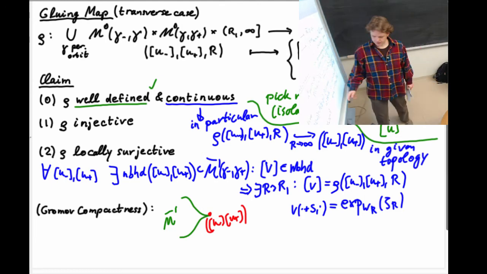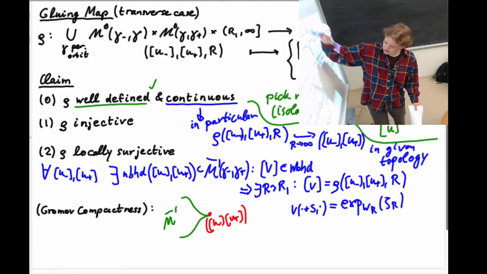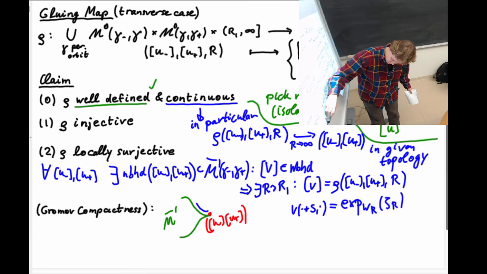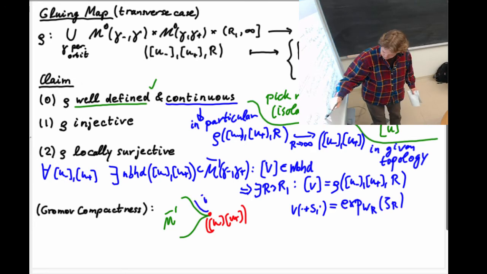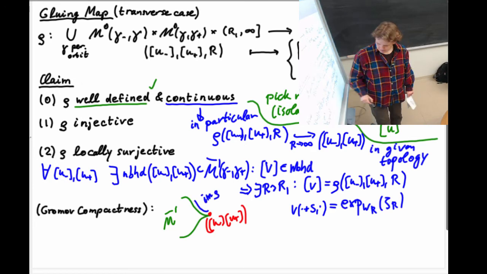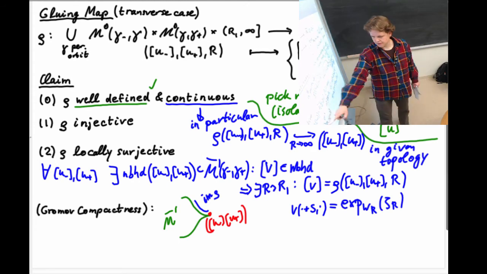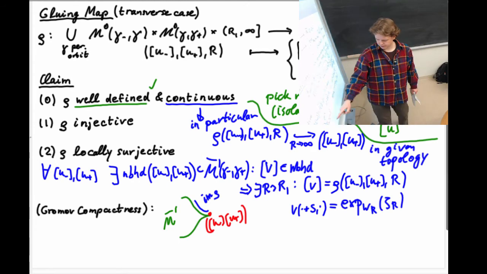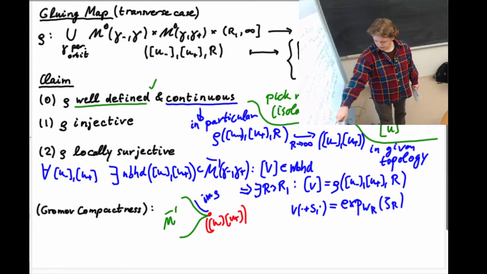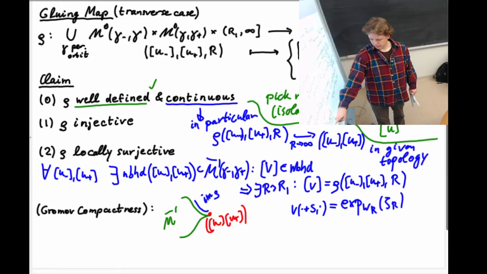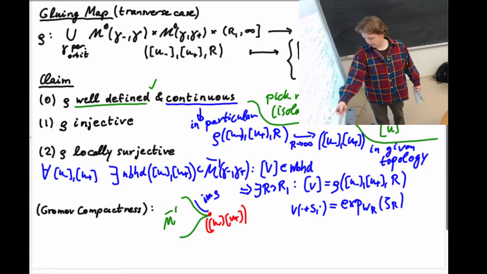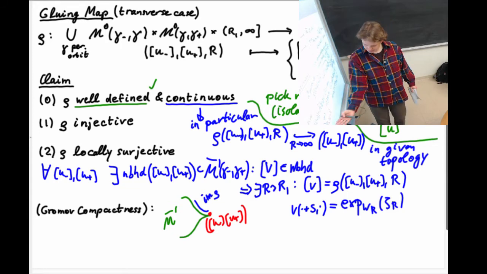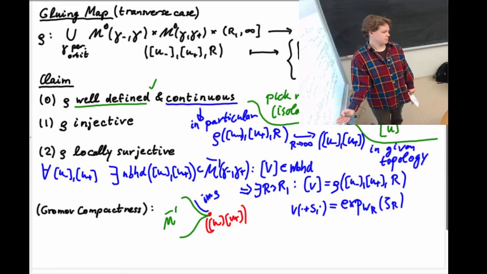There could be a gluing map that just gives me part of one of the branches. But what fails here is the local surjectivity, because if I take a whole neighborhood, there's other points on the lower branch that are not hit by the gluing map.